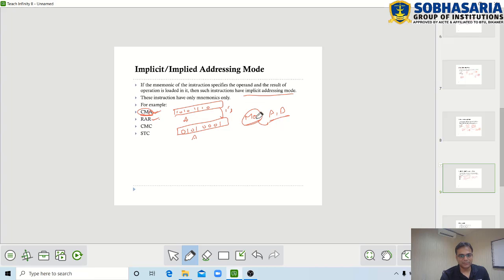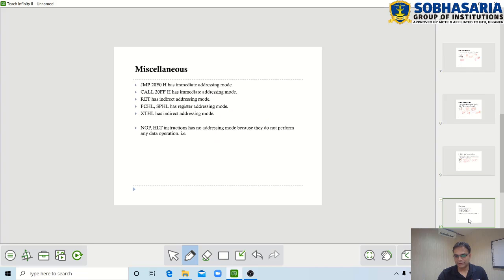The register is specified in the mnemonic itself. So such instructions are implicit. Similarly with CMC, which is complement carry, and STC, which is set carry. These are operations performed on the carry flag bit particularly, and the carry flag bit is specified in the mnemonic itself. That is why these instructions have implicit addressing mode.